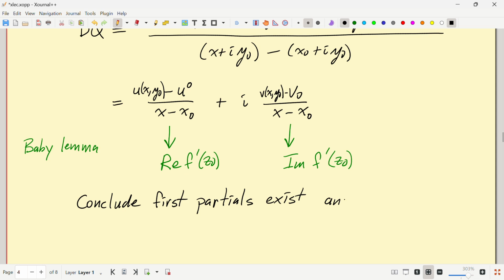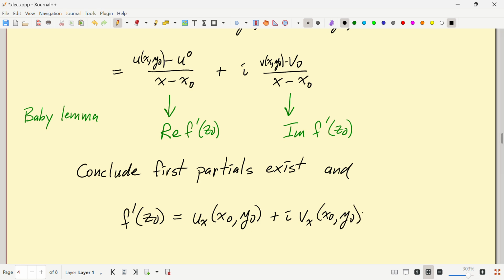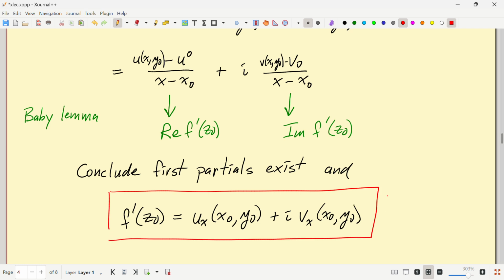And we have that f prime of z naught can be expressed as du/dx at x naught, y naught plus i times dv/dx at x naught, y naught. This is my own thing that I always do. I'm going to call this red box number 1.